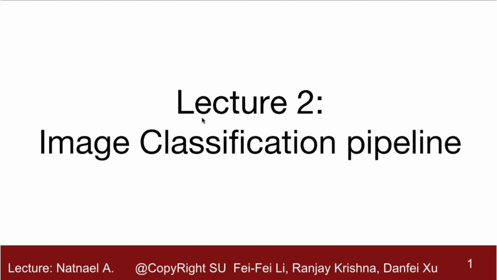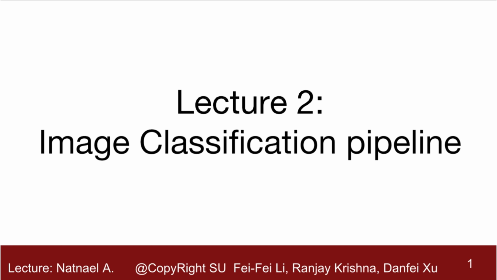Now I will discuss the second lecture of Module 2, which is the image classification pipeline. I will discuss the high-level concepts and early-stage achievements regarding image classification. As you remember, we discussed visual recognition from the perspective of image classification in our previous lecture.